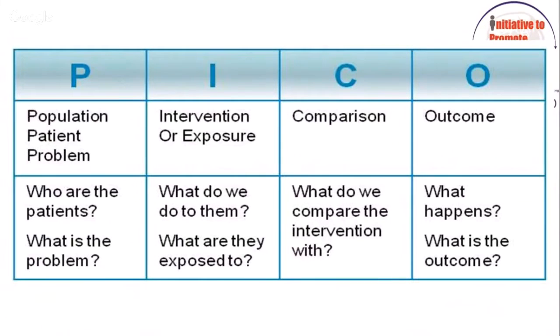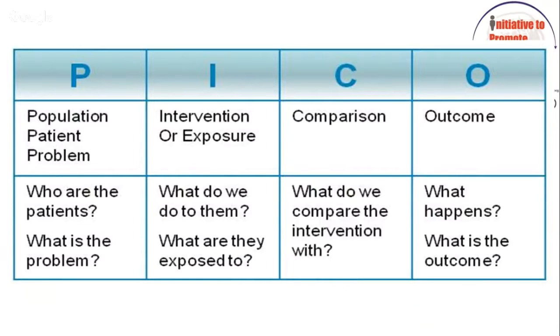After all this, we have four important things, that is PICO: population, intervention, comparison, and outcome. These four in combination make the most important parts of our research. Whom would we be studying, with what intervention or exposure, in comparison to whom, and on what basis?